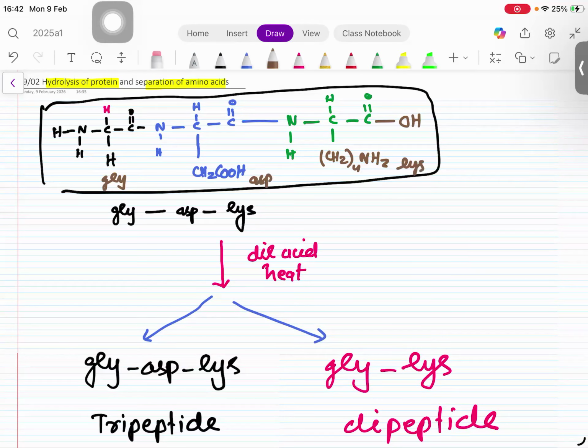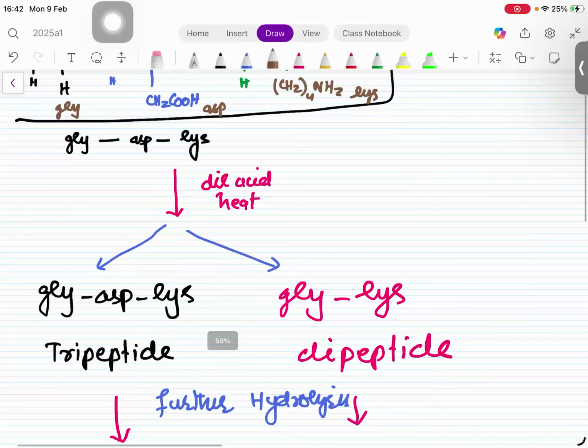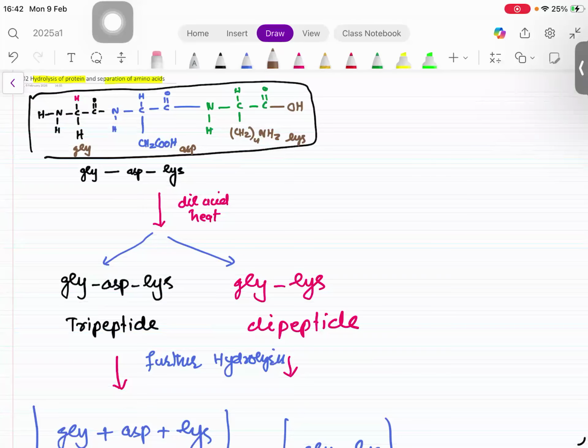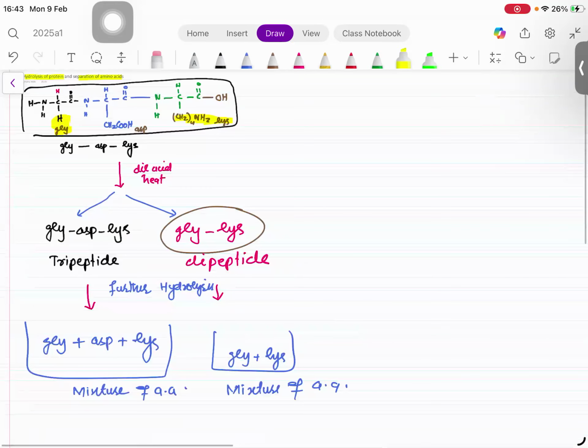Right? Now, can you please draw the dipeptide of these two? Draw the structure, please, everyone. Draw the structure of glycine and lysine dipeptide. Glycine amino acid and lysine amino acid are shown on the top. Glycine and this is lysine. Yeah, it further breaks down to give amino acids. No, they only hydrolyze.